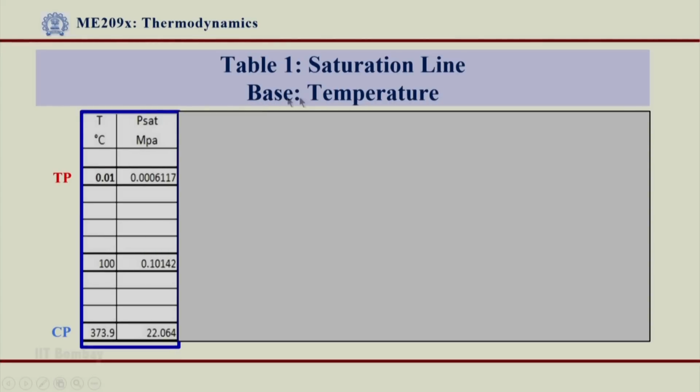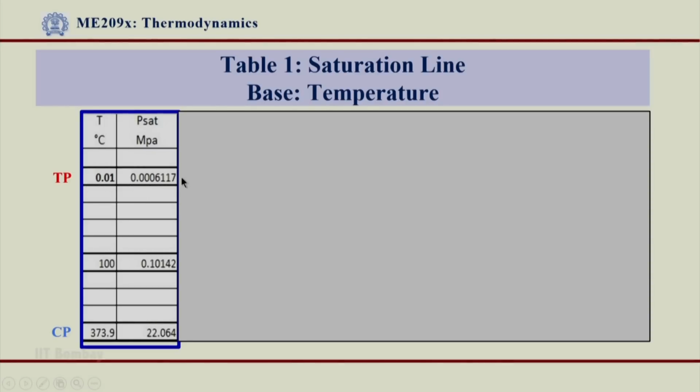What do I mean by this base temperature? It means that the first column is temperature. If the base is pressure, the first column will be pressure. So, whatever has been given to me of this system, if I know the temperature, I will always refer to table number 1 and locate the temperature in this column, and corresponding to this, the second column, which is the Psat value, gives me the pressure which exists at this temperature, alright.